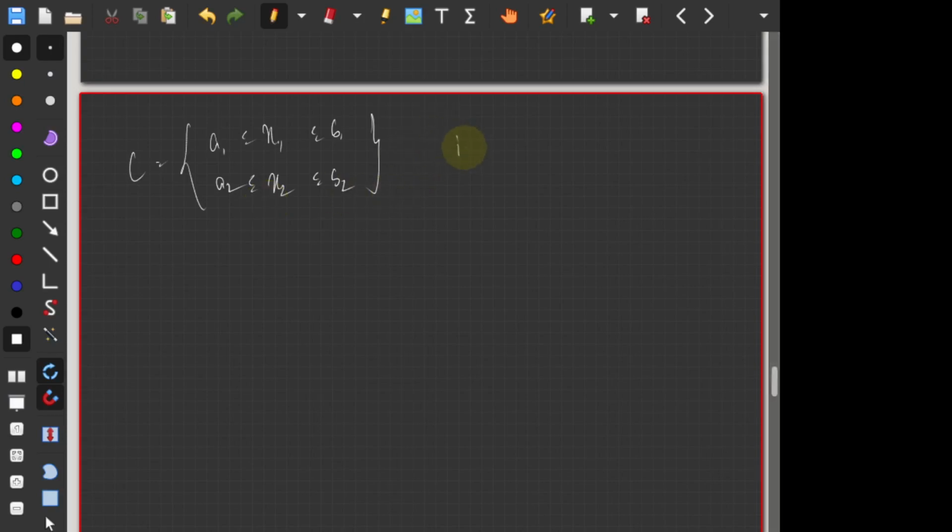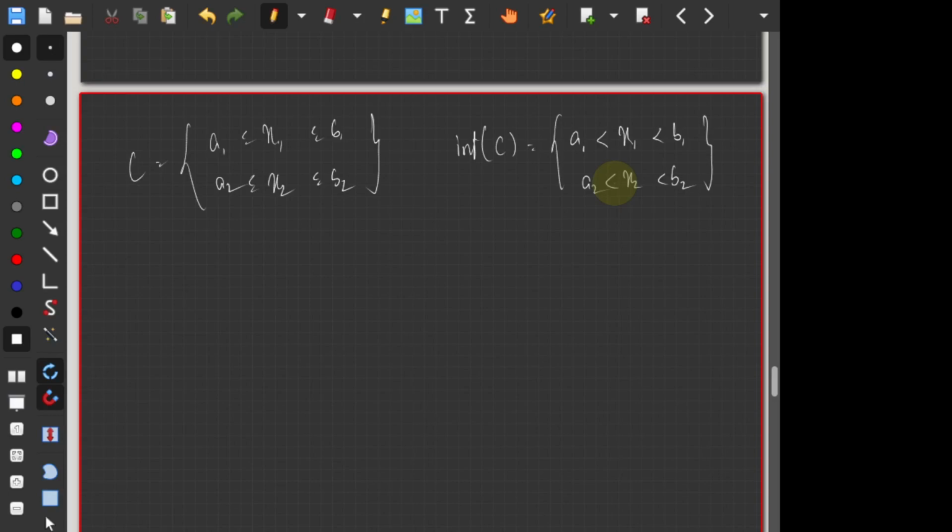What is the interior of C? x1 is strictly greater than a1 but strictly less than b1. x2 is strictly greater than a2 but strictly less than b2. Right? This is an open set. The interior is an open set.